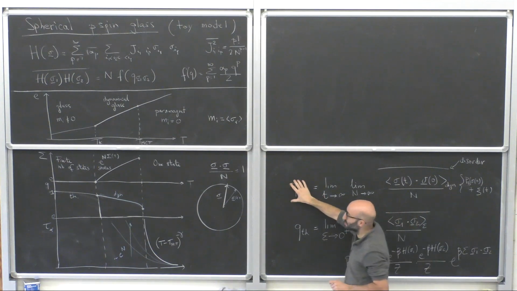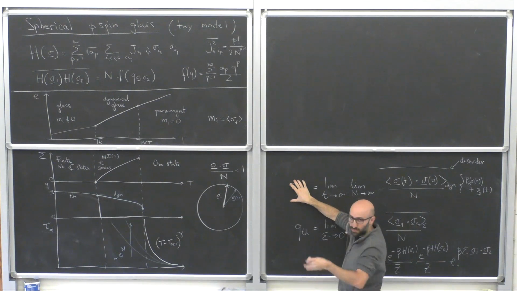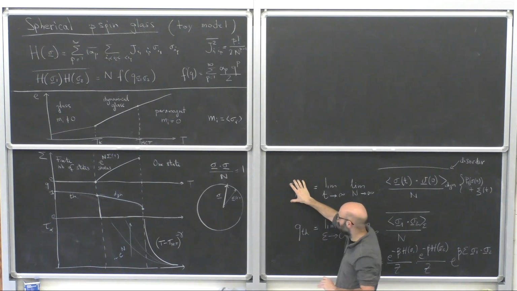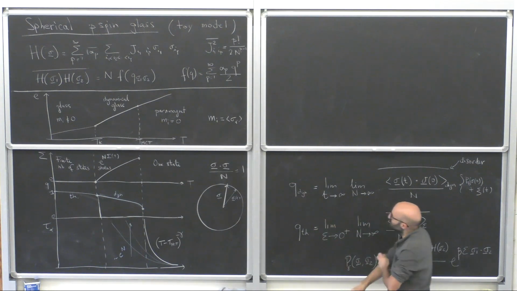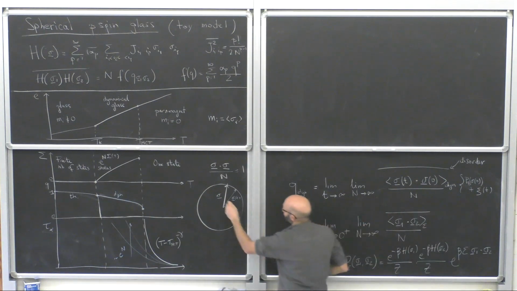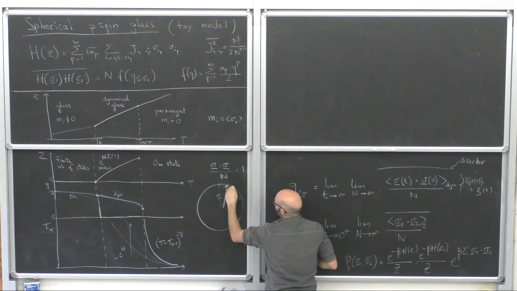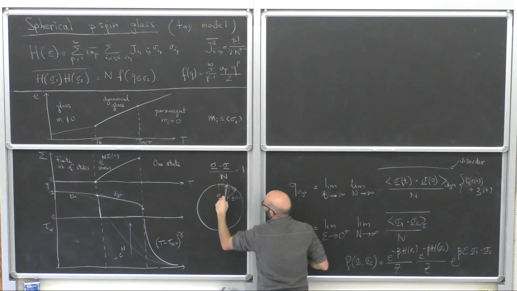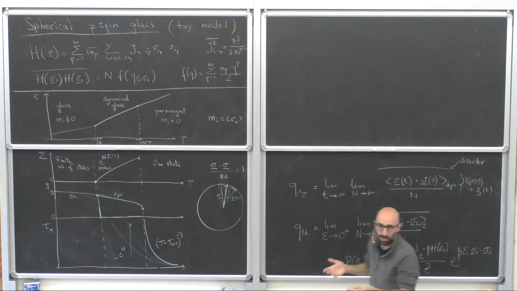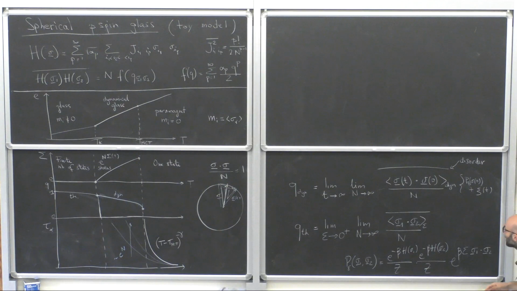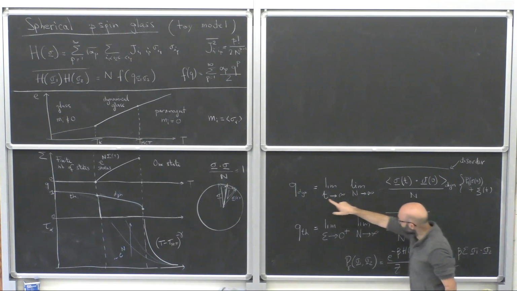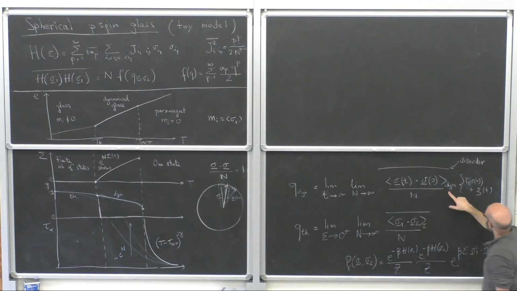So if this is 0, you can decorrelate in the paramagnetic state. If this is non-zero, then it means that you remain stuck in these things that I called either cones, if you want to think in terms of this sphere, or metastable states, or just states.